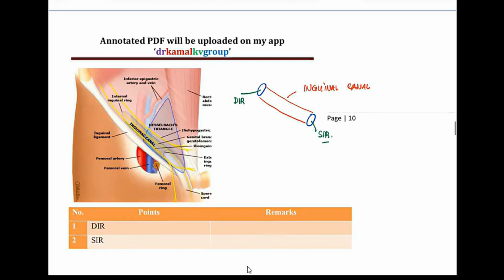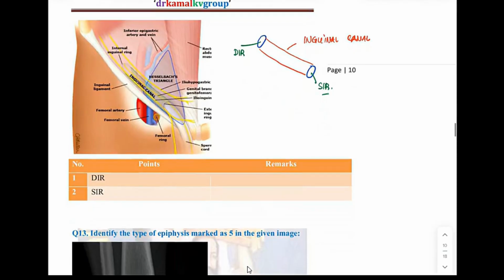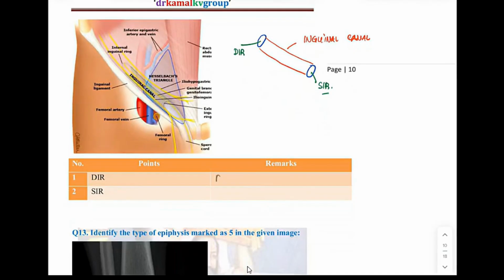Now both of these do not lie in the muscles proper. The deep inguinal ring is in the fascia transversalis, and the superficial inguinal ring is in the external oblique aponeurosis. Yes, so external oblique aponeurosis.